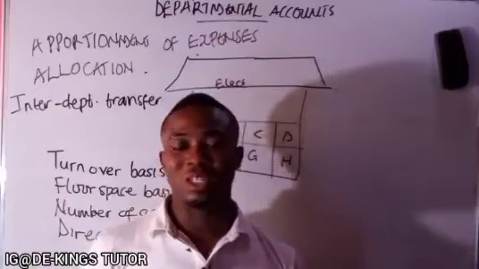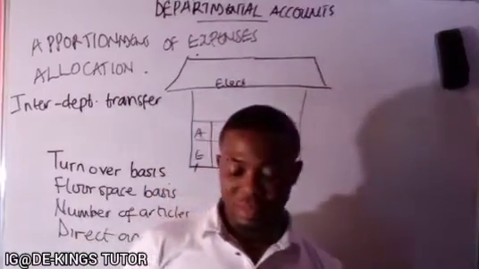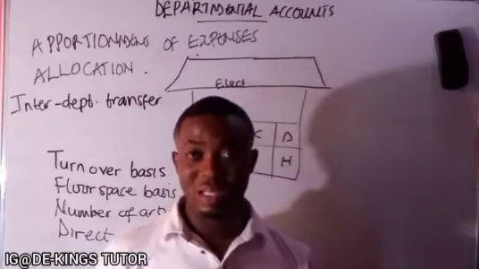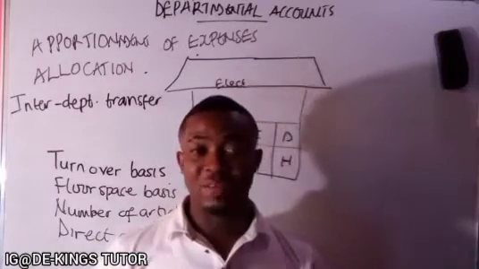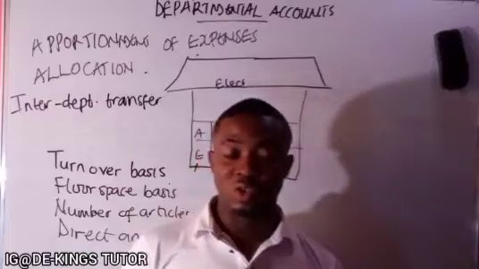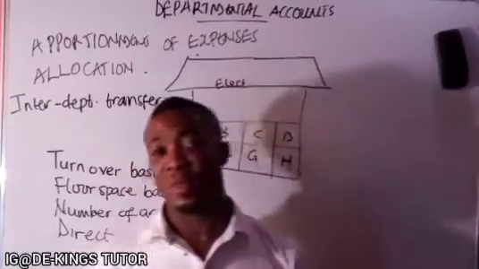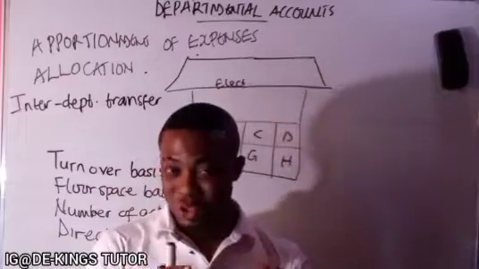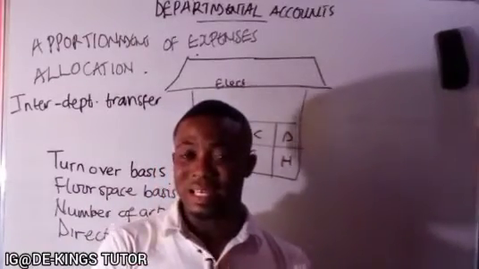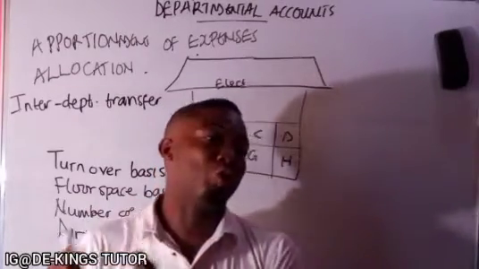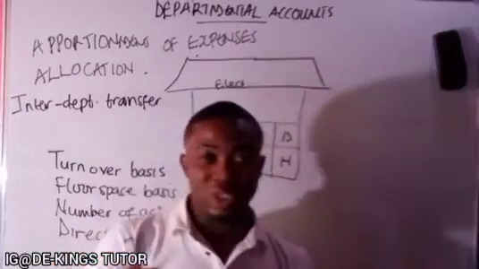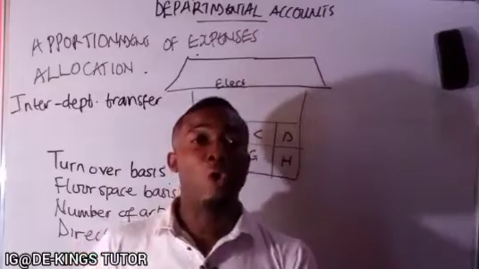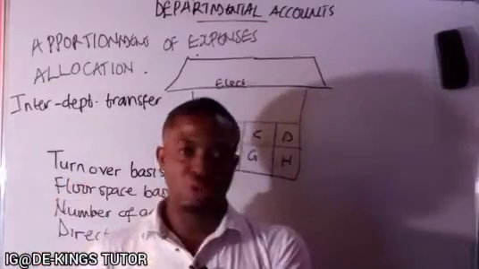We have treated adjustments; you can check the link in the description of this video, or check my channel for the adjustment video. Ensure you watch that to enlighten yourself. Ensure that you adjust all expenses before you apportion, before you share. You should adjust it to get the current value of that expense before it is apportioned.